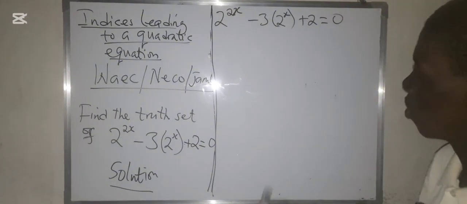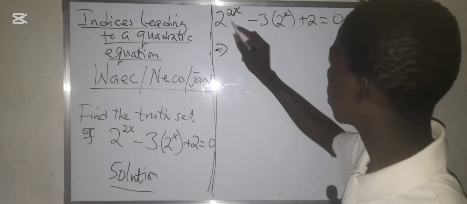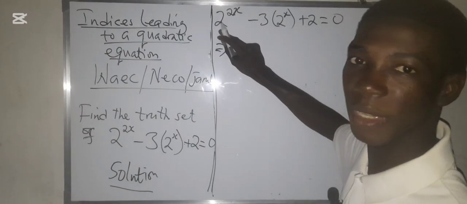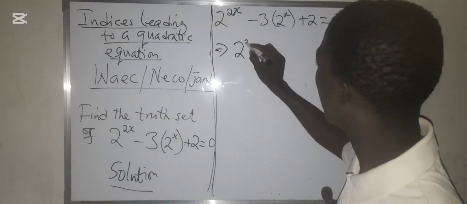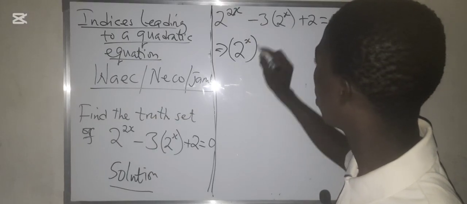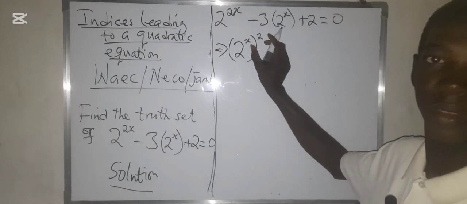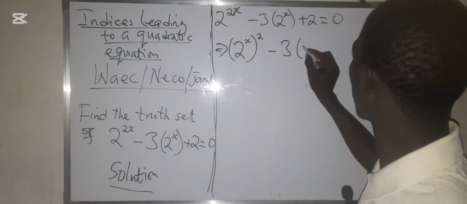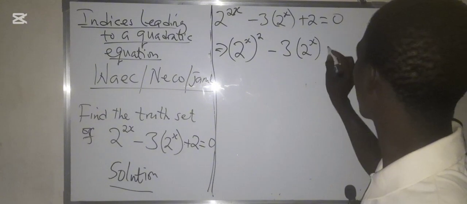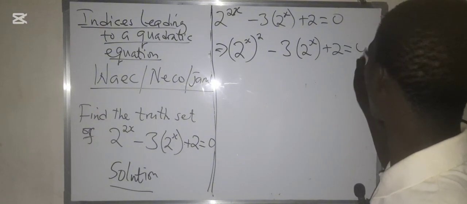To break this down, this can be written as (2^x)^2 - 3 × 2^x + 2 = 0.